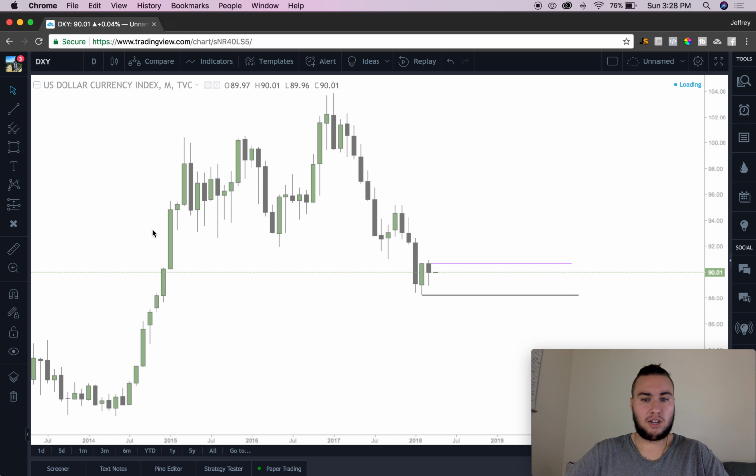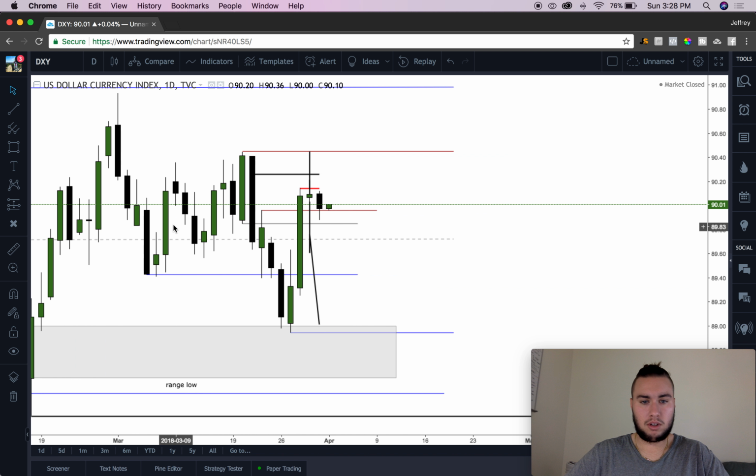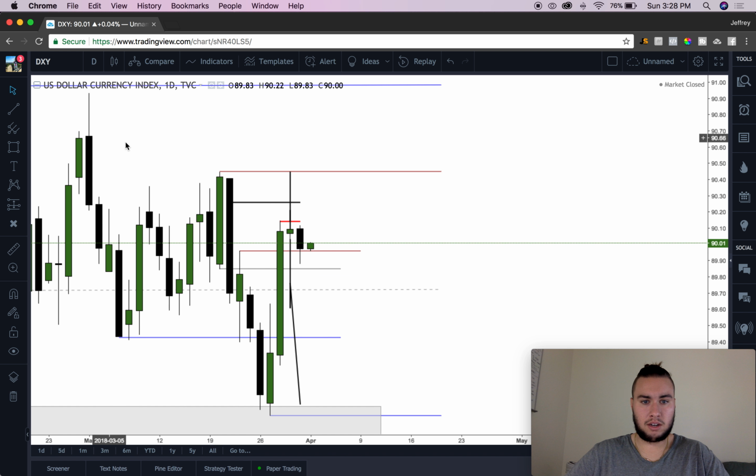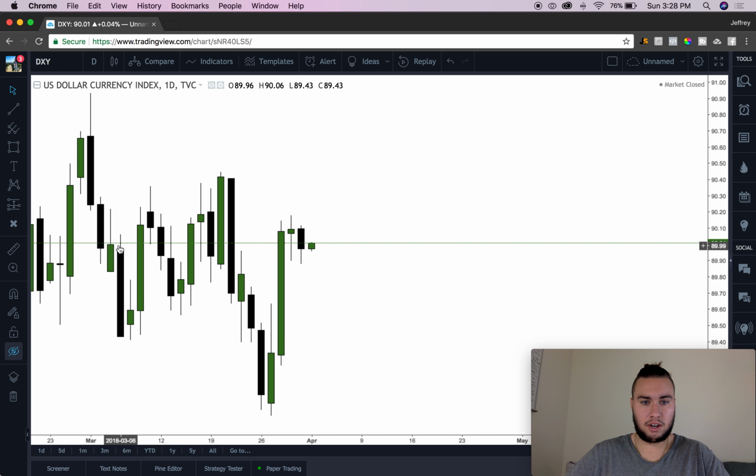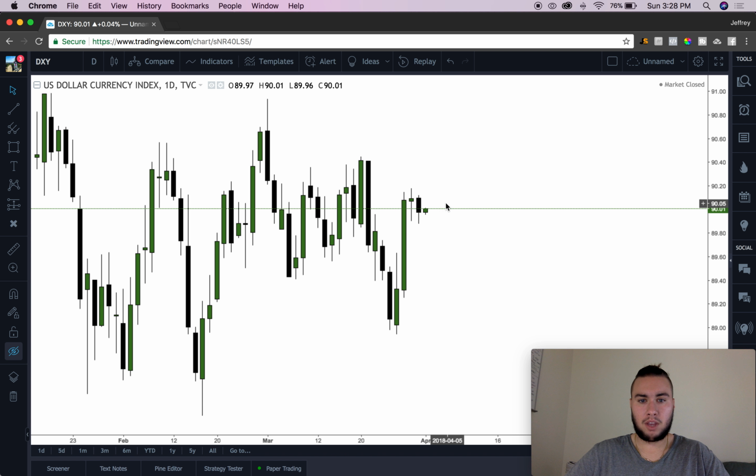So let's go ahead and drop down into a daily time frame, and there's going to be a lot of mess on here, so I'll just hide that for now. We're all the way back up into this candle here, which is also an ICT bearish order block. Again, it's an up candle before a down move, classified as an ICT bearish order block, which is a level of resistance.